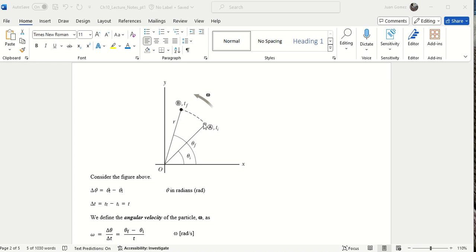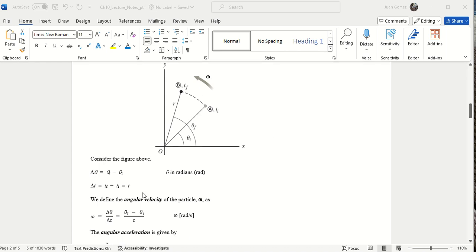So again, it starts at A at t initial, ends up at B at t final. Its angular position at A is theta initial, theta I. Its angular position at B is theta f, and the point is a distance r from the rotation axis.